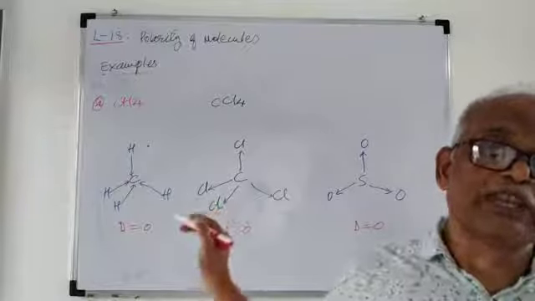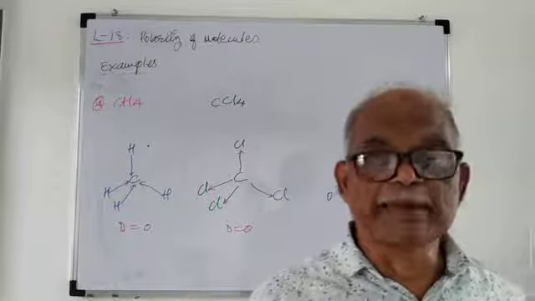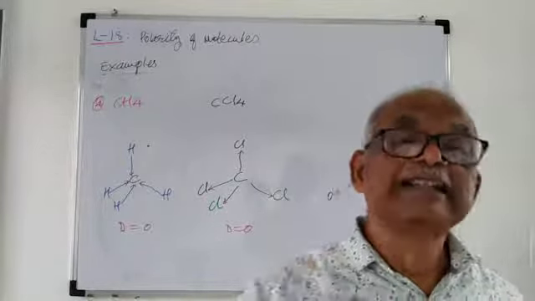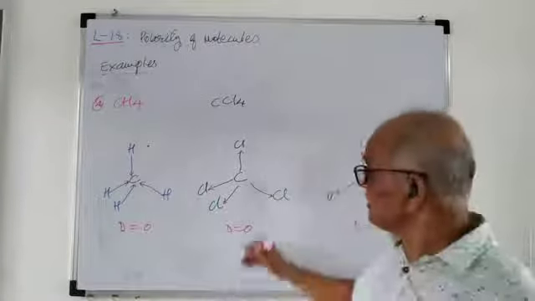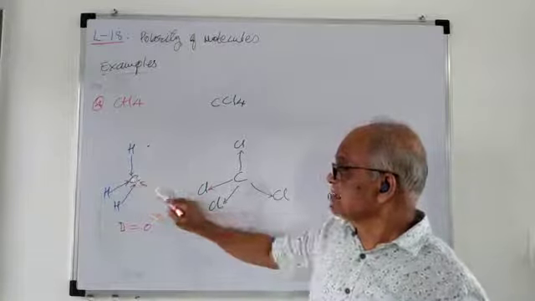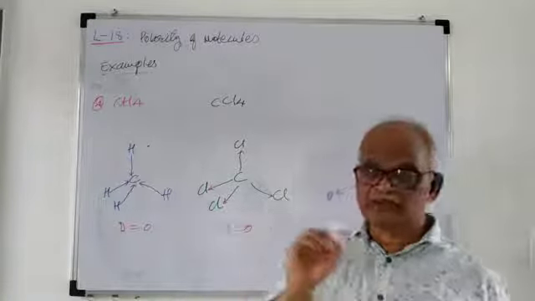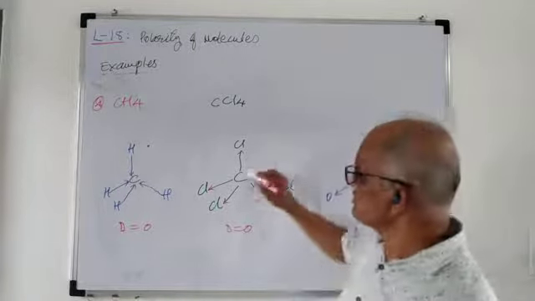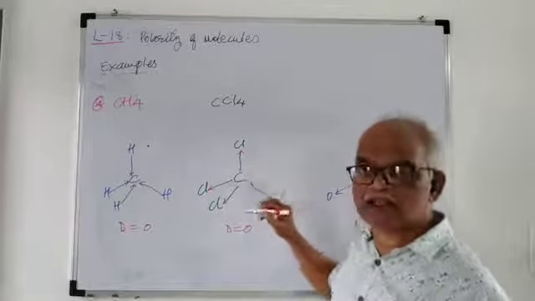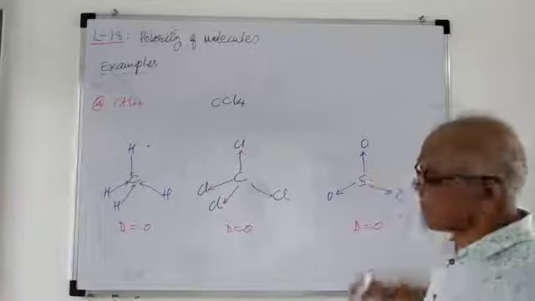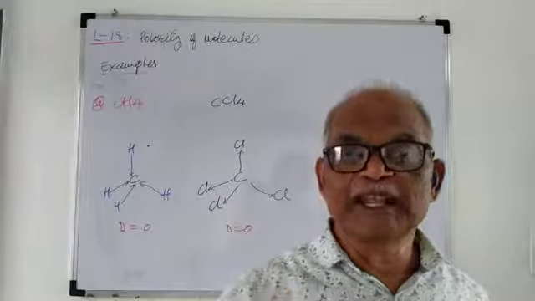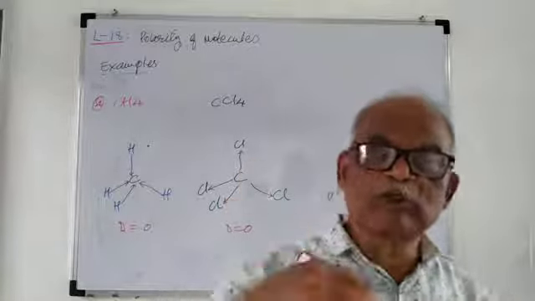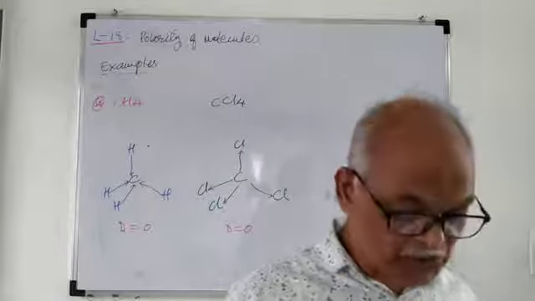Even though such molecules show 0 dipole moment, the carbon and hydrogen atoms have a difference in their electronegativities. Here carbon and chlorines also have a difference. So such molecules have little dipole moment, but the net dipole moment of the molecule becomes 0.